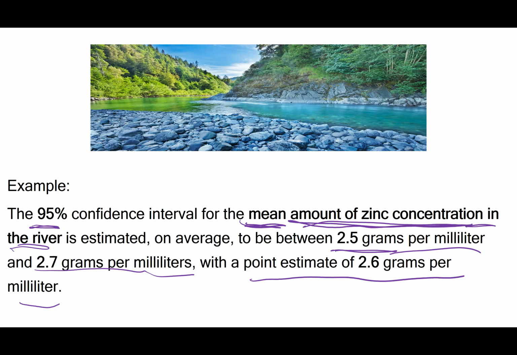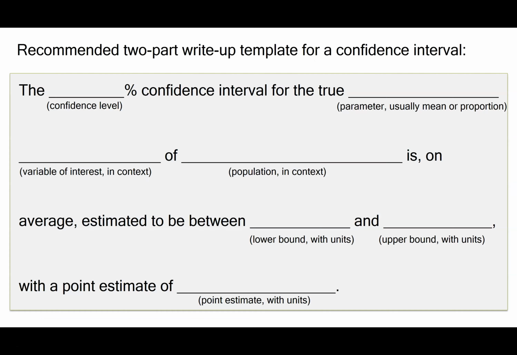The template is just so that you hit all the things we're interested in having in that write-up. So this is the two-part write-up. Essentially, this is the first part, this is the second part. So if you see a two-part write-up template, this is what we're talking about. And yeah, we have it written up so it's all one sentence. You can write it up as two if you want.